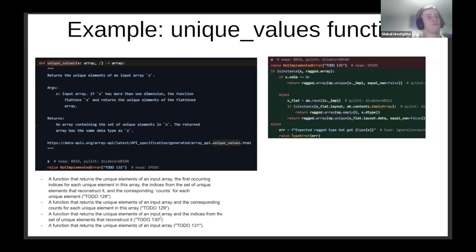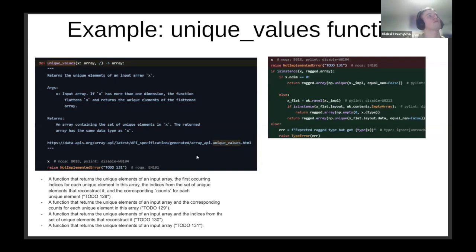The next one returns unique elements and their corresponding counts. And another one returns the unique elements as well as the indices of these unique elements, which allow you to reconstruct the array from these indices when you put in the unique values instead of the indices. And the final function basically is a combination of those.